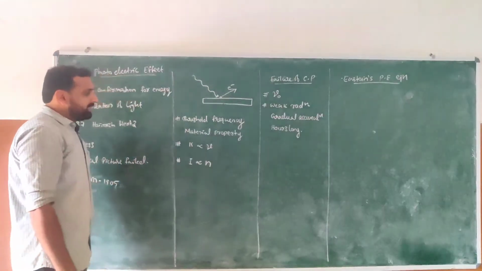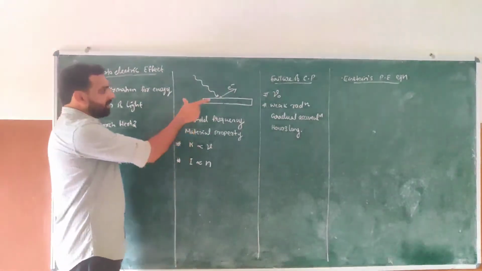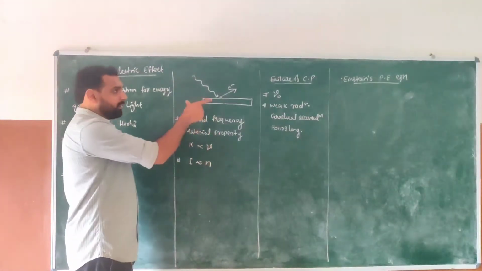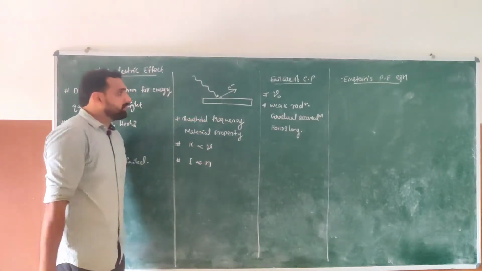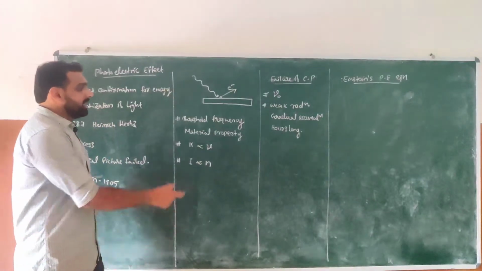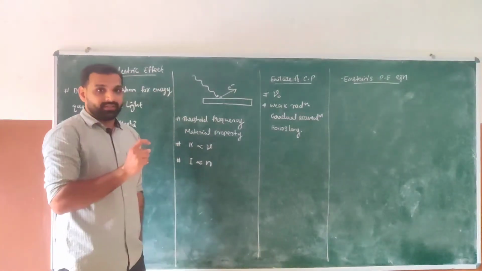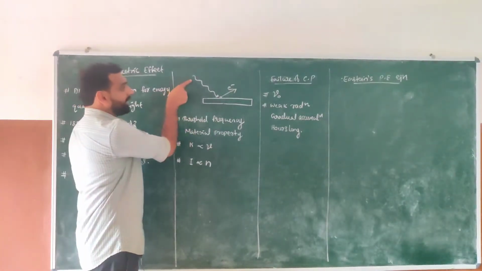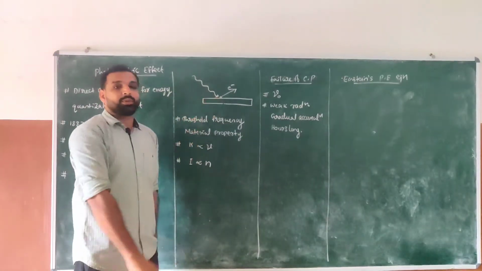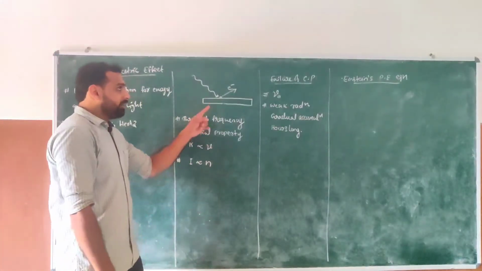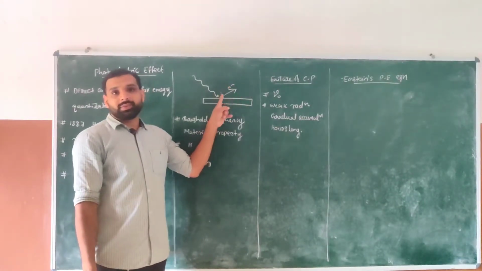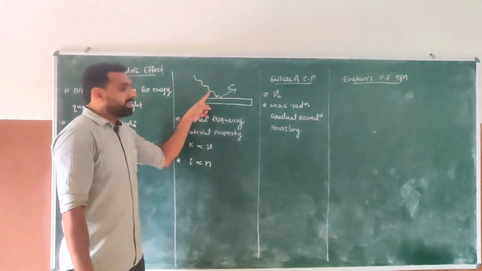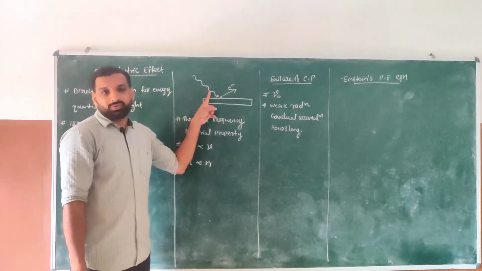There are certain observations for this process. The first among them is that there is a minimum frequency for the incident radiation for the process to happen. In order to eject an electron from the metal surface, the incident radiation should have a threshold frequency.